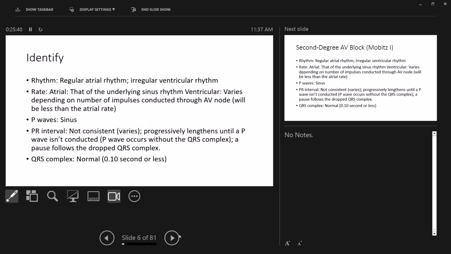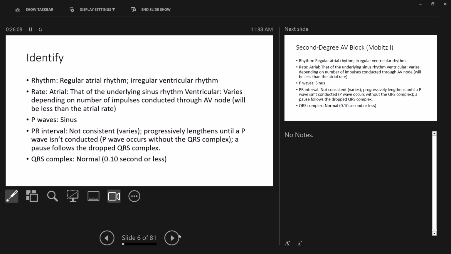All right. So this one, we're going to kind of go backwards. Your rhythm, the regular atrial rhythm, and you have an irregular ventricular rhythm. The rate, the atrial, is that of the underlying sinus rhythm. The ventricular varies depending on the number of impulses conducted through the AV node, will be less than the atrial rate. P waves, sinus, they look good.